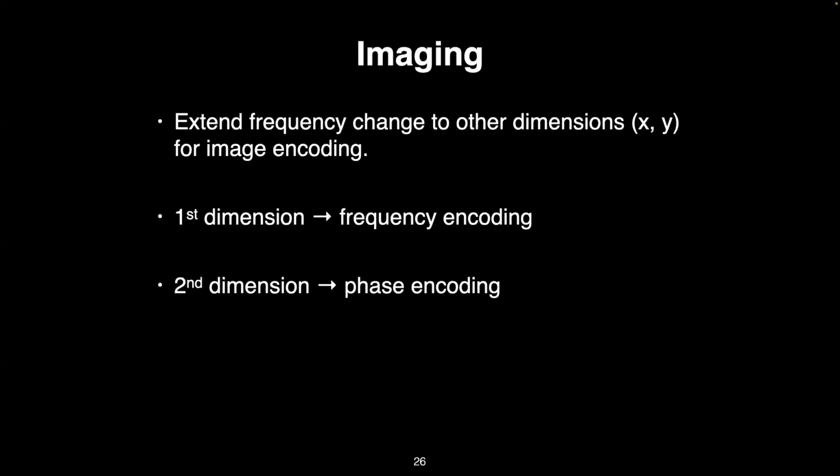And we can expand this more generally into multiple dimensions. We call it frequency encoding, phase encoding, and the underlying math and physics are all the same thing; we just give them different labels for convenience of referring.